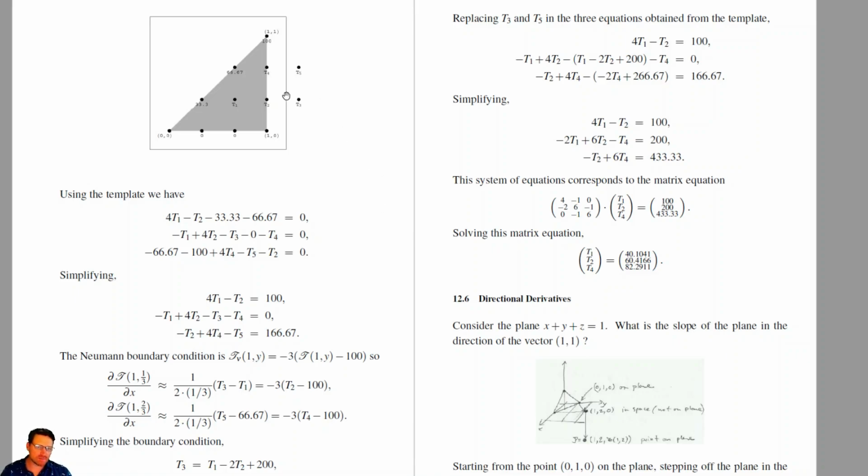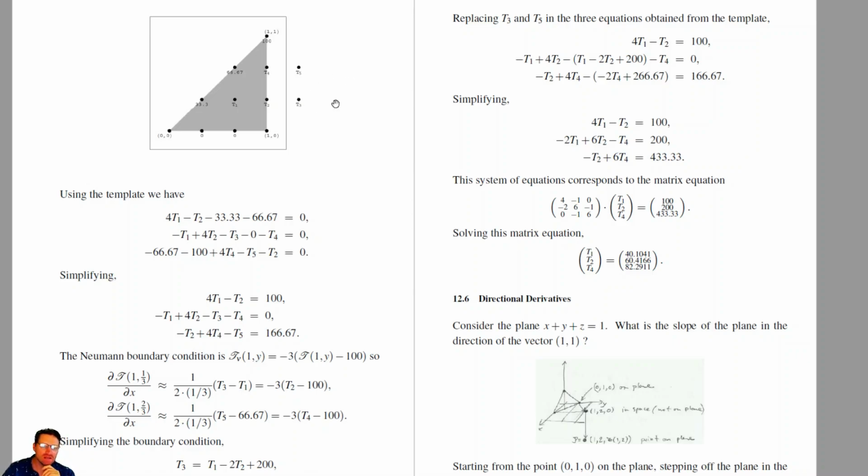Now we move the template over to T2, but you see it now includes the fictitious points. So over T2, we have 4T2 minus T1, minus 0 for down the bottom, minus T3, the fictitious point, and minus T4. So that adds up to 0 according to Laplace's equation.